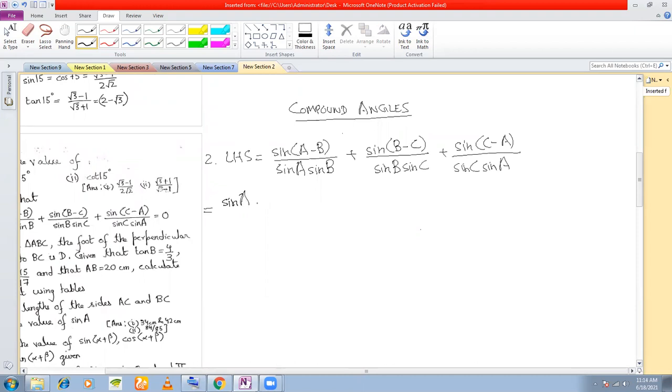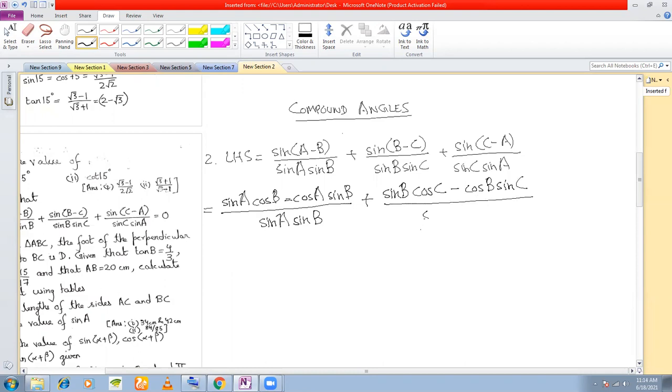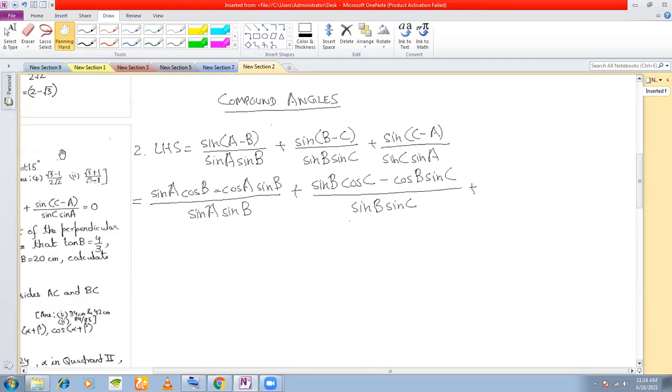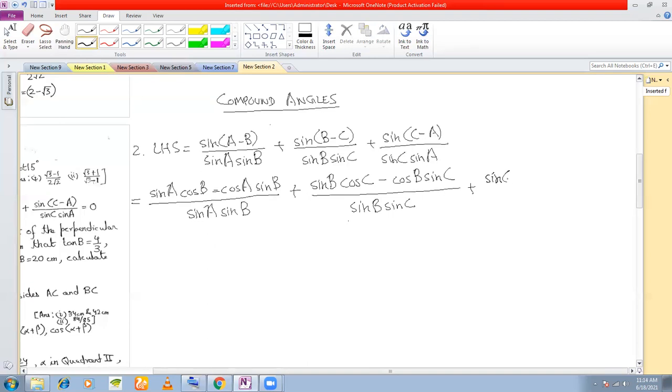Sine A cos B minus cos A sine B, divided by sine A sine B. Sine(B minus C) is sine B cos C minus cos B sine C, divided by sine B sine C. And sine(C minus A) is sine C cos A minus cos C sine A, divided by sine C sine A.